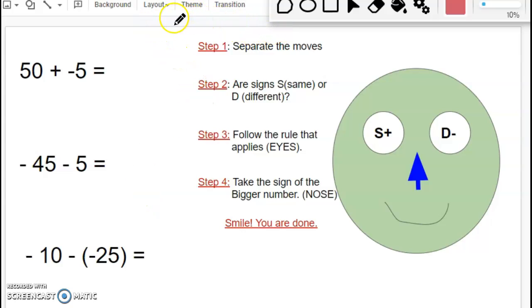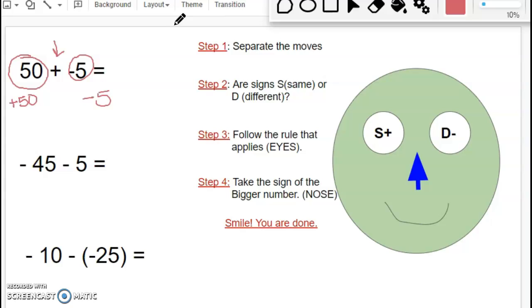Step 1, separate our moves. So we have a positive 50, I'll write this here, followed by a negative 5. Here we can see that our signs are different. So since the signs are different, I'm going to look at the right eye.